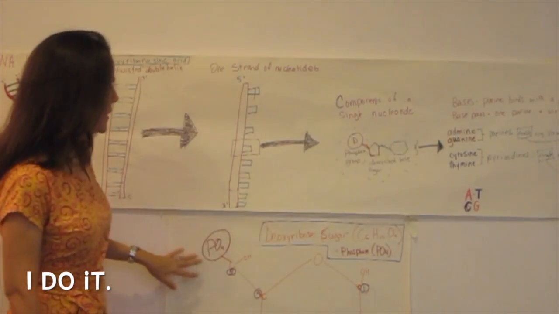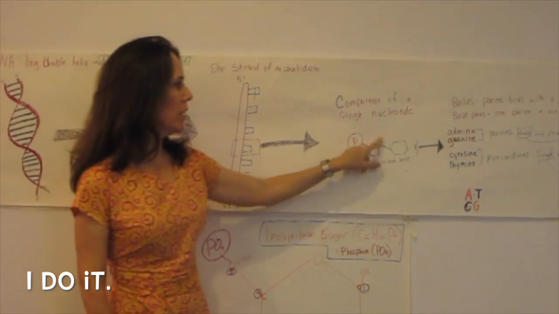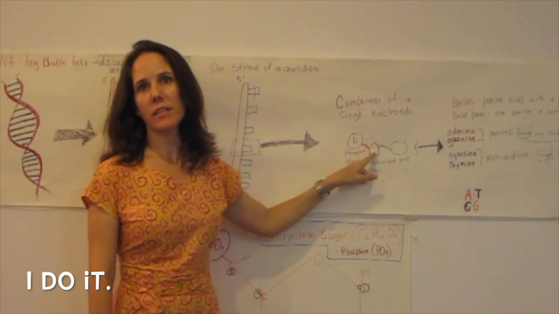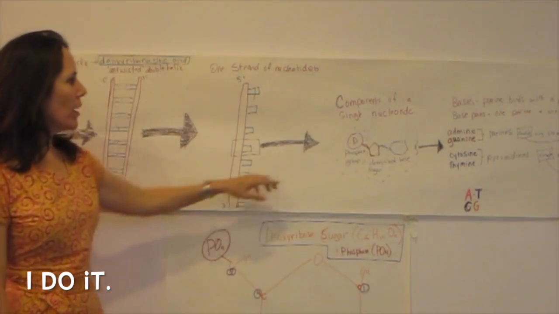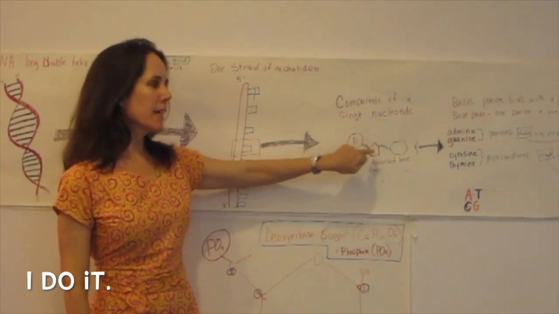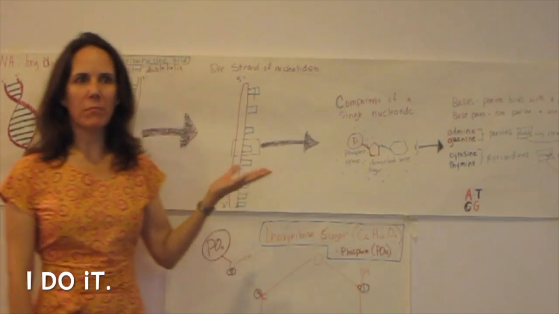To understand what I mean when I say 5' end, I will explain to you in more detail what a deoxyribose sugar is. Now, it looks like a house. I've drawn it here. And this is drawn like a house because chemists like to use shorthand when they talk about all the chemicals and molecules that they're studying.